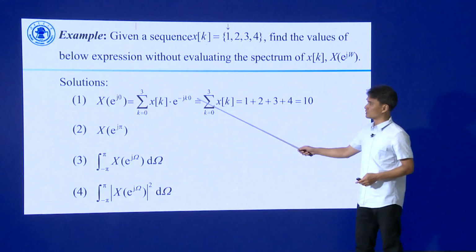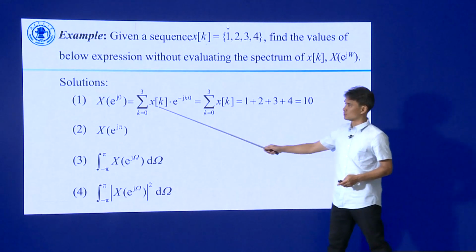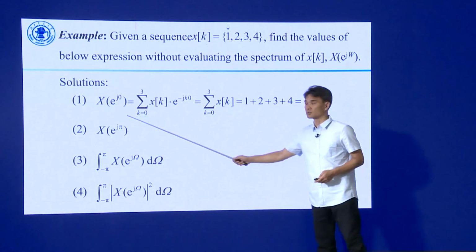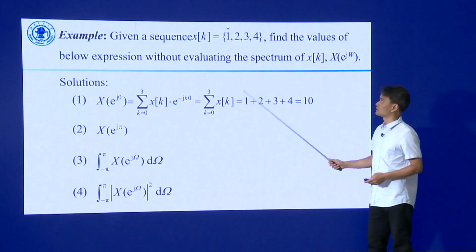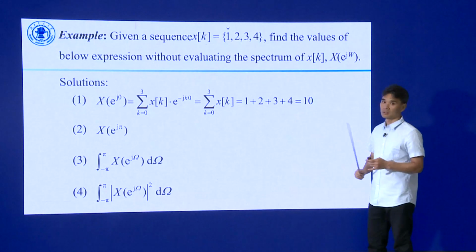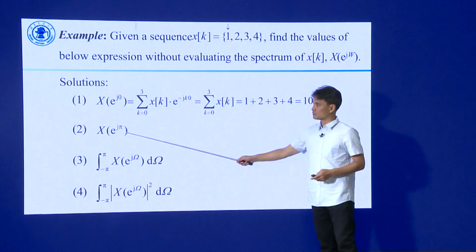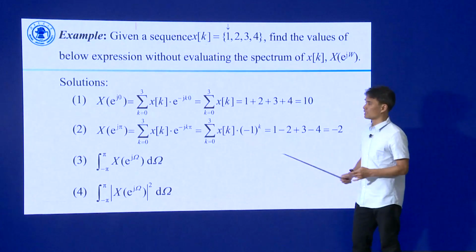So this part will be equal to 1. So the value of the spectrum when capital omega equals 0 is actually the summation of the original signal in the time domain.